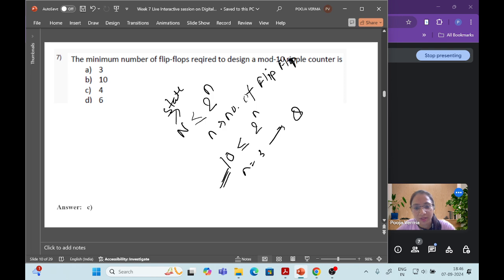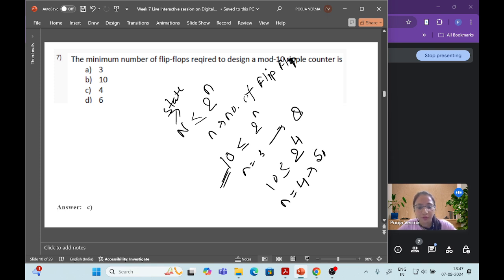So we must take 2 to the power 4, so that it is able to count every state. So n is equal to 4.